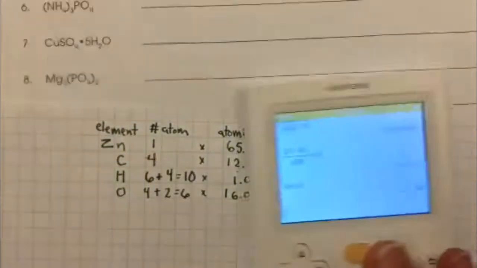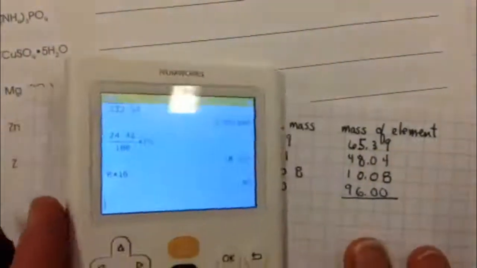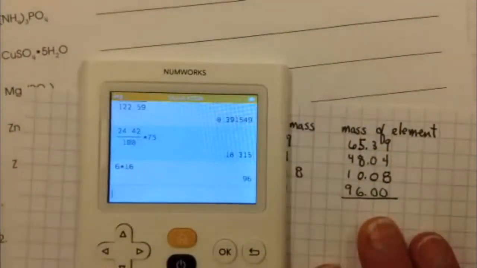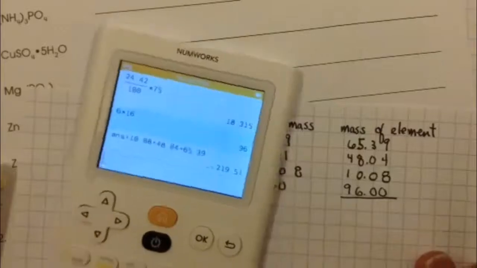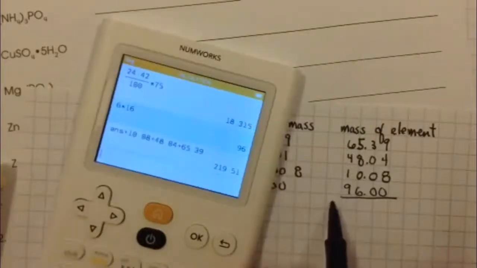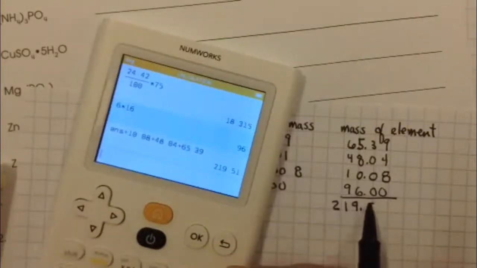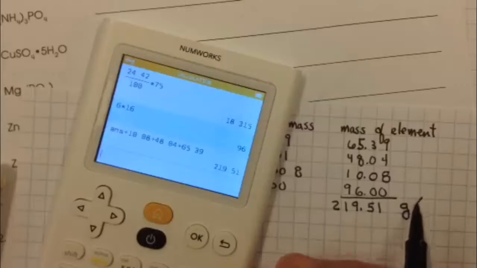So let's add them all up, and that will be our molar mass of our zinc acetate hydrate. Let's add these guys up, and we're at 96 plus 10.08 plus 48.04 plus 65.39. 219.51 grams per mole.